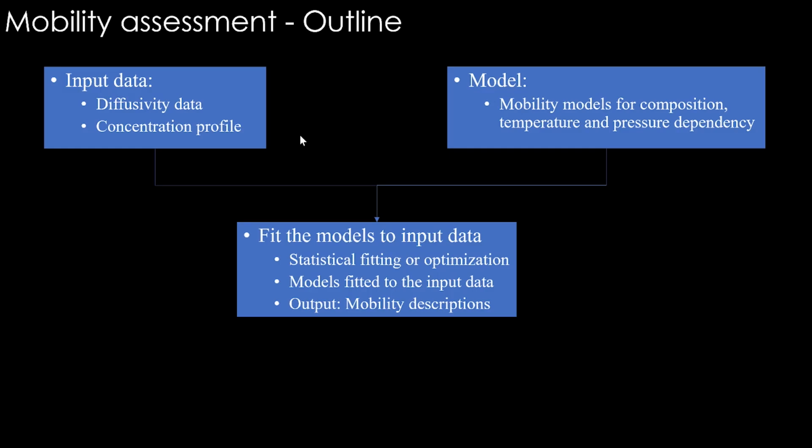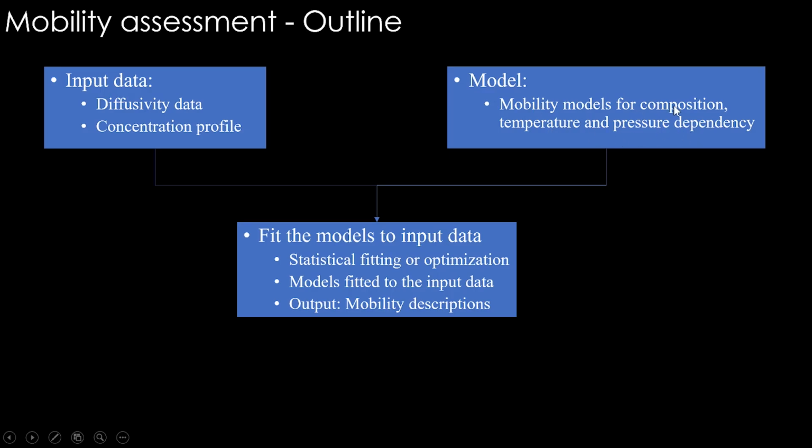I am going to spend a few slides on how it is done, basically the input data and models. So we need to have, just like the thermodynamic assessment, input data on one side. Any data that is related to diffusivity can come here. So we can get the diffusivity data. Concentration profiles can also be directly used. There are methods for that. And once these things are available, we can have these models on the other side, mobility models for composition, temperature and pressure dependency.